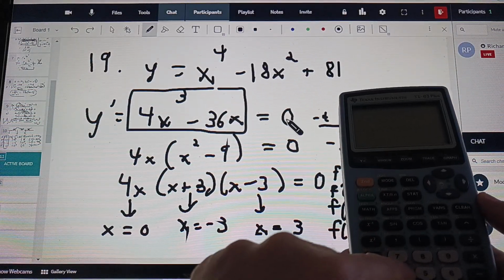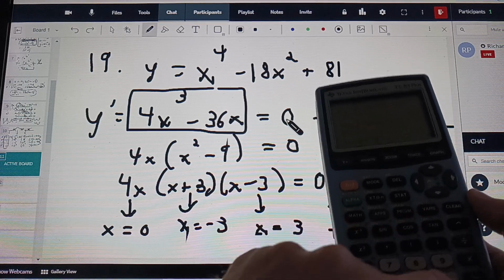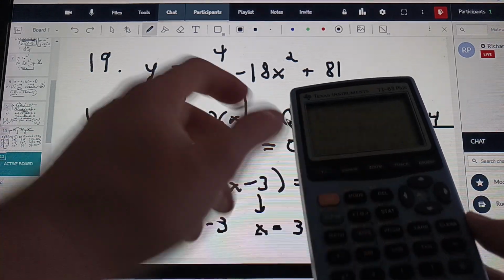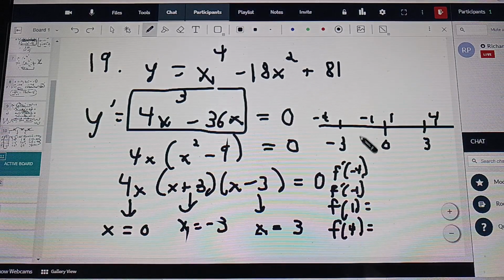4x to the third, 4 parenthesis, -4 parenthesis to the third, minus 36 parenthesis, -4. So this is how I'm typing it in. The answer is -112. So what we know so far is we're decreasing till we get to -3.